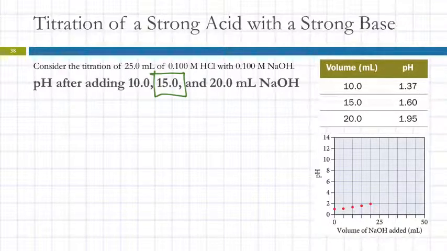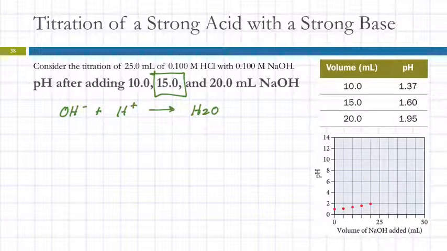So we're adding hydroxide ion to our hydrogen ion. We can do hydronium ion. This is just shorter. And that's going to make water. So we started with 25 milliliters of 0.1 molar. And we'll just do the little math down here.